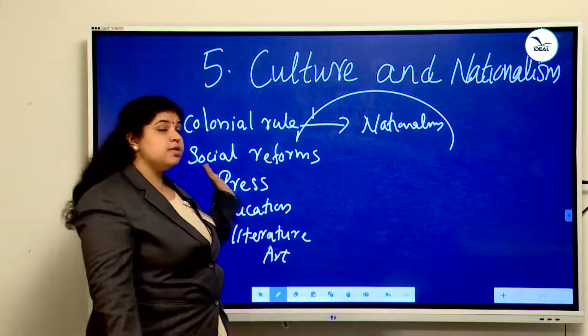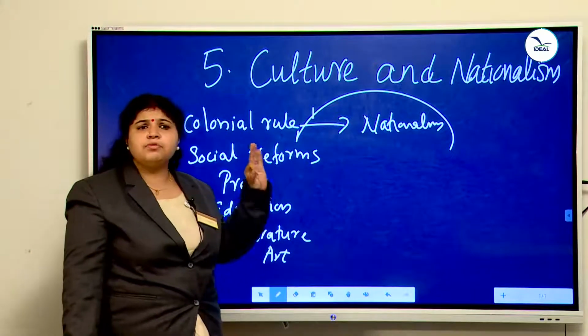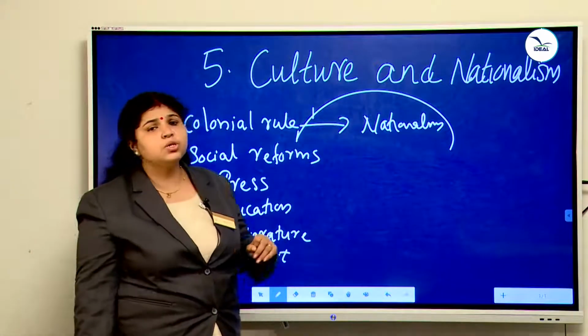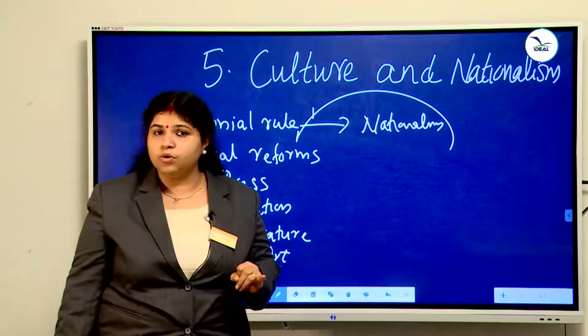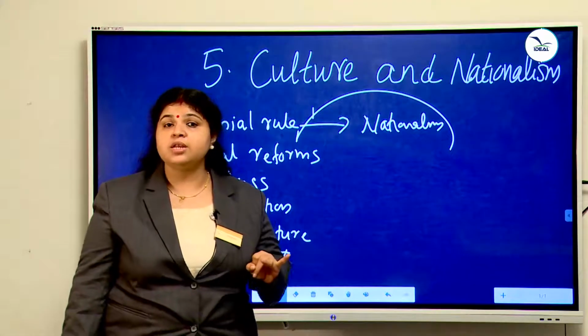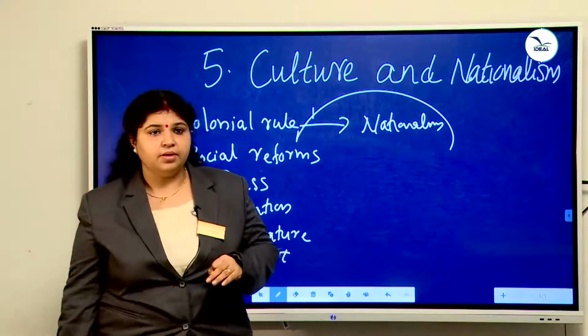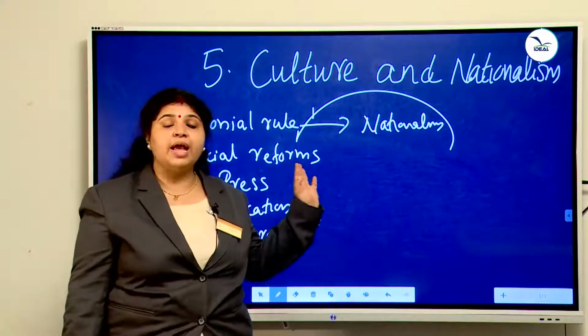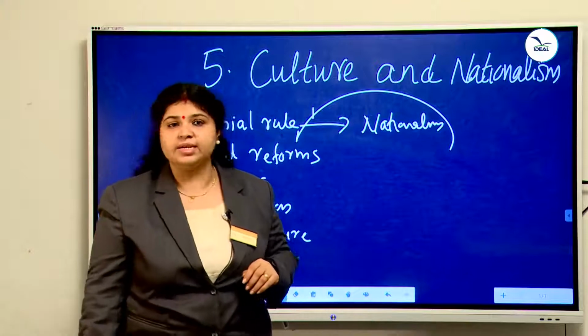So the second is social reforms. The three peculiarities of 19th century society were liberal outlook, passion for modernization and rationalism. These are the main features of 19th century Indian society.